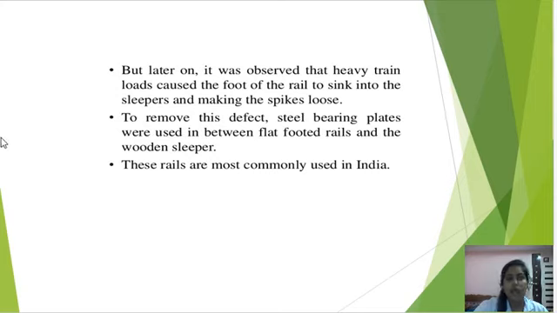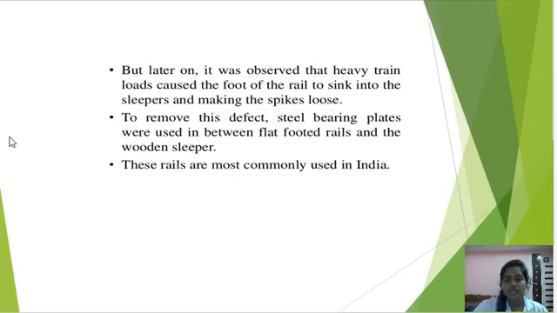But later on it was observed that heavy train loads caused the foot of the rail to sink into the sleepers and make the spikes loose. The spikes are the things used to connect the rails and sleepers.